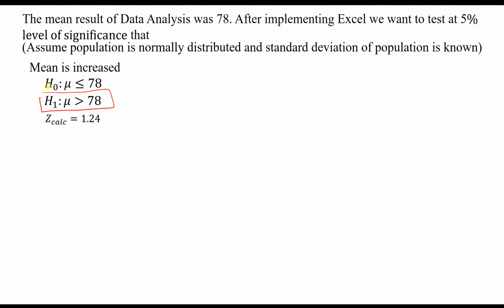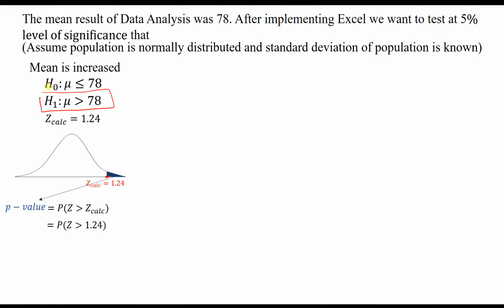If the Z calculated is 1.24, when you want to find a p-value, which is nothing but the probability related to Z calculated, we see that here the p-value is nothing but the probability of Z being greater than Z calculated, because it is a right-tailed test.